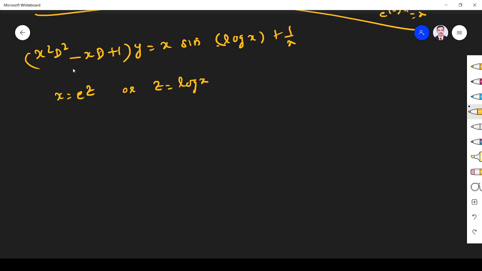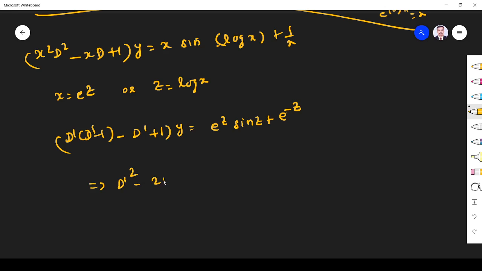Then as usual, we substitute x squared D squared as D dash minus 1, xD as D dash, so (D dash minus 1 D dash plus 1) y is equal to x, which is e power z, sine log x which is z, plus 1 by x which is e power minus z. So simplify this, what you get is (D dash squared minus 2D dash plus 1) y is equal to e power z sine z plus e power minus z.